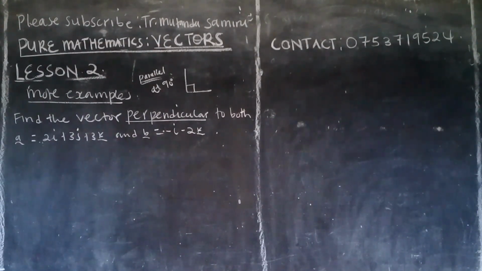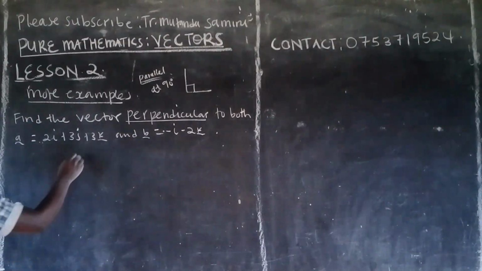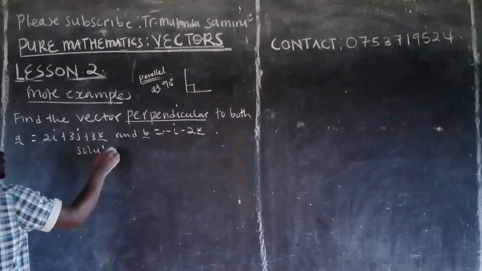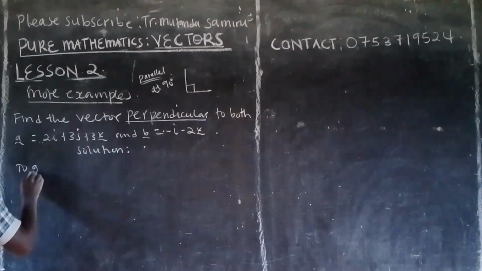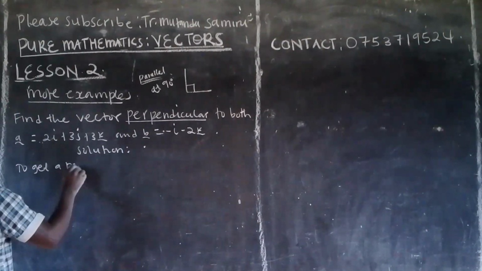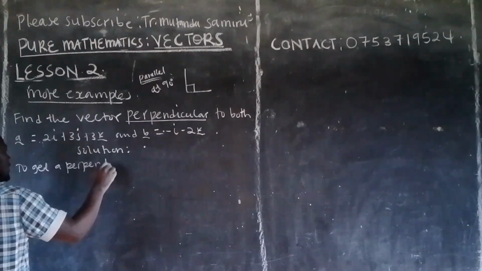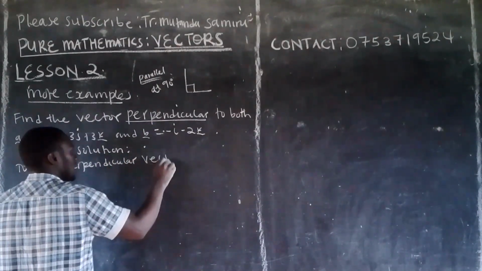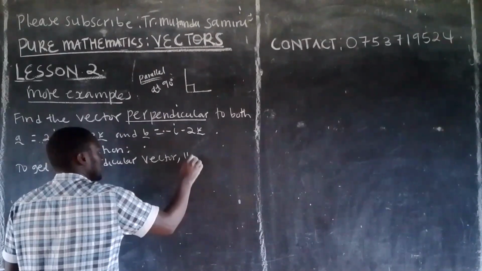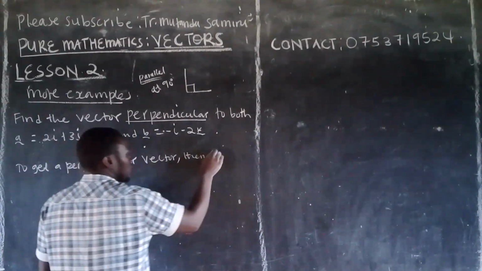Now we shall say that to get a perpendicular vector, then cross the two vectors. Shall say solution. This is the first thing you must know. Please take note of the things you are writing here. So to get a perpendicular vector, then cross the two vectors.